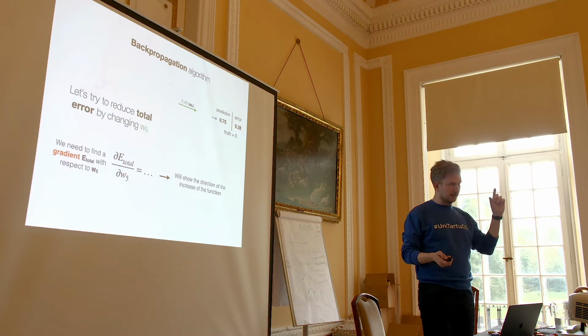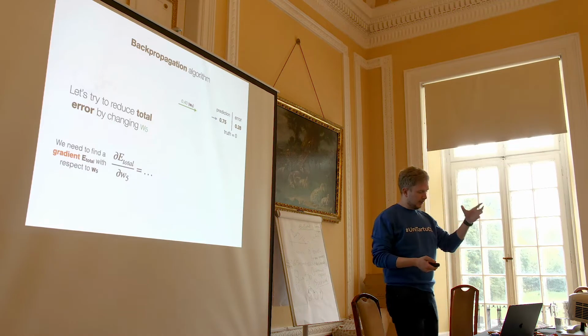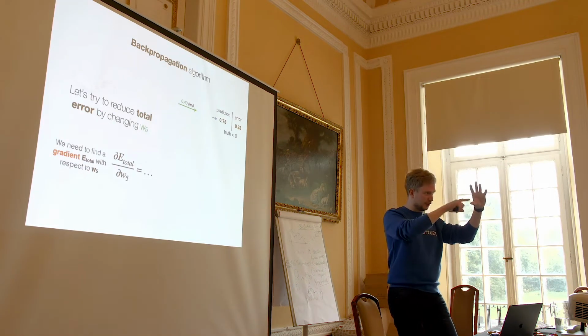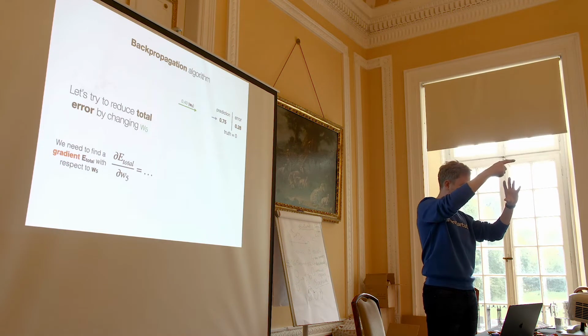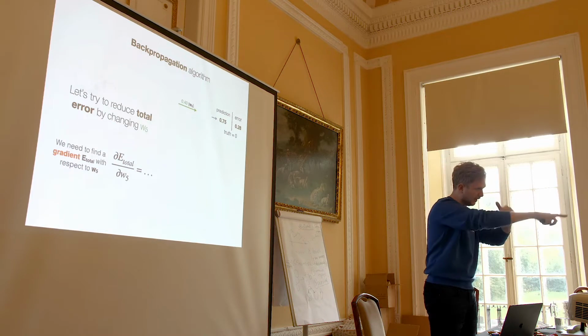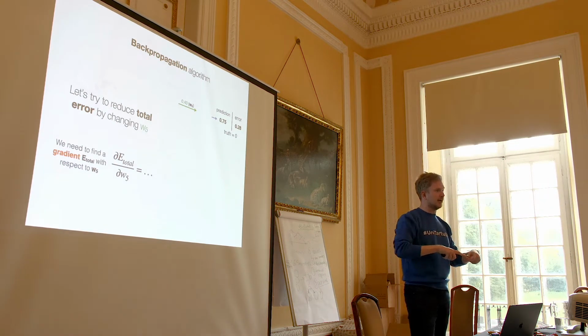If you know how to take the derivative of a complex function, one way to go is called chain rule. Chain rule is the idea that you take derivatives with respect to those functions that comprise a bigger function first, and then you go inside those functions, and inside those functions, and inside those functions. That's what chain rule is about. And we're going to look into this.